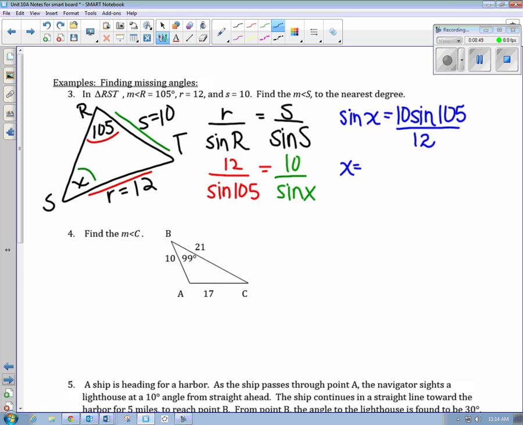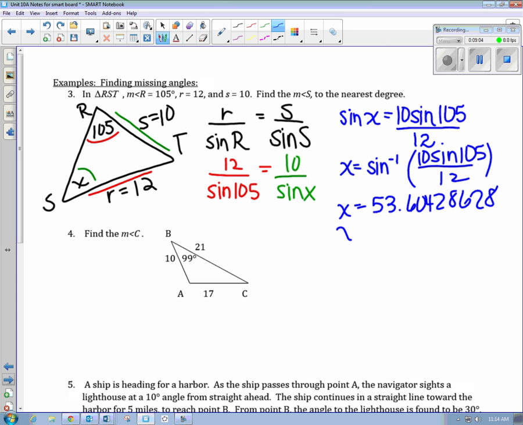So x is equal to second sine, sine inverse, of 10 sine 105 divided by 12. And to the nearest degree, 54 degrees.